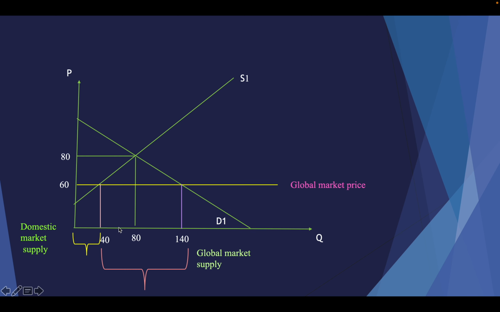This is the domestic supply, because this is your domestic supply curve, and the demand here is 140. At 60 rupees they demand more, that is 140, but domestically they like to supply only 40. So from 40 to 140 we have to fill from international trade.